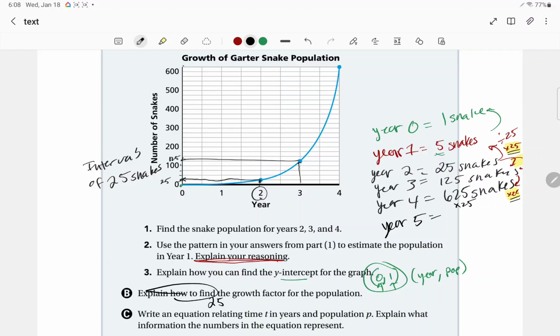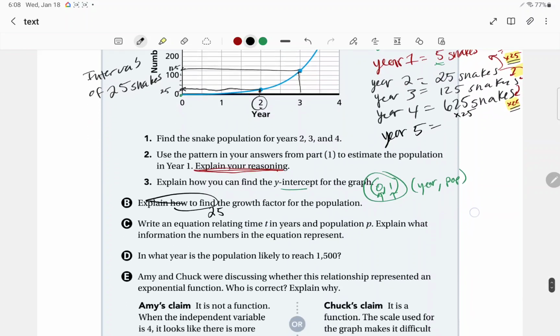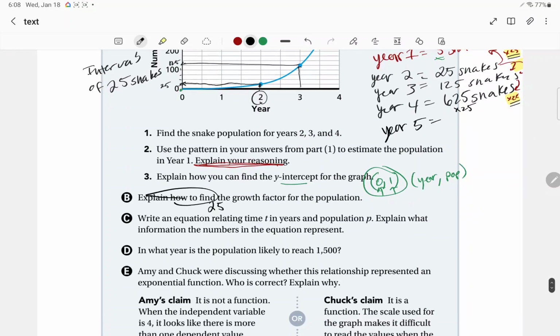And in fact, on part C, or part D, sorry, but on part C, it's asking for the equation, right? So if we say P is our population, and T is years, just like I did up here, it would be T first, because that's our x-axis, and then P for population.